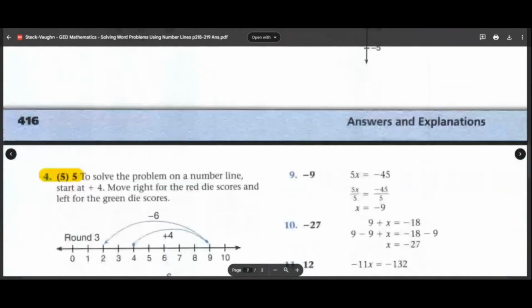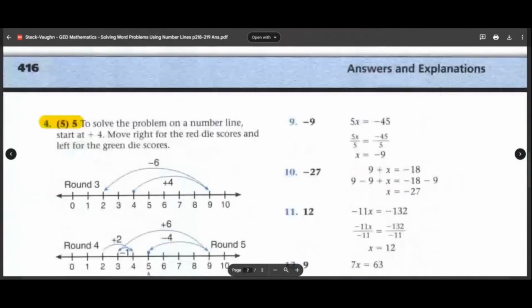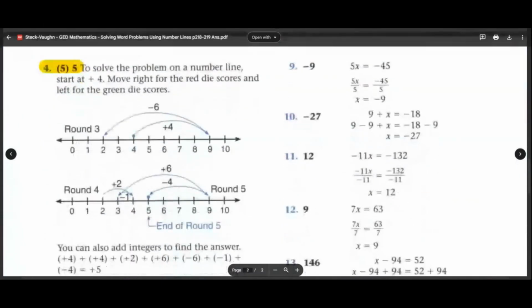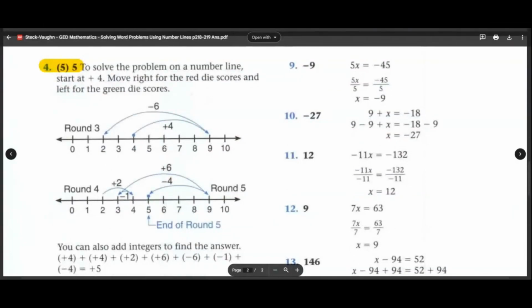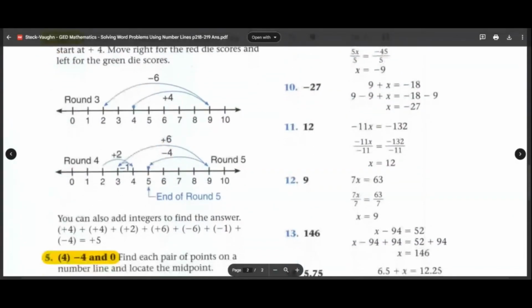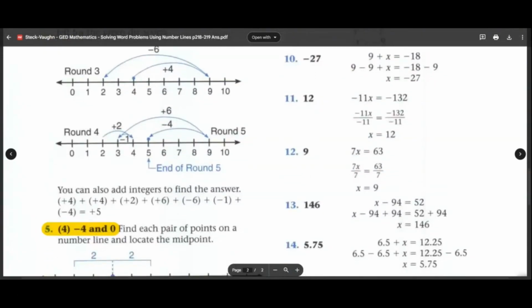Number 4 was answer choice 5. And number 5 was answer choice 4.